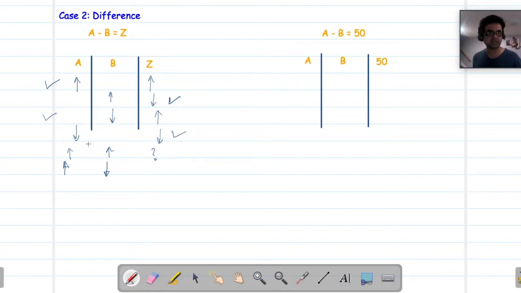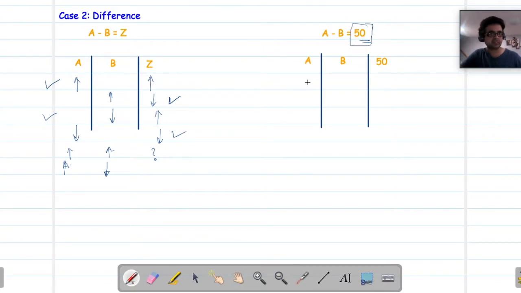And then I would get minimization of z. That will be my strategy if I'm trying to find the maximum of z in this particular scenario. It's slightly different when the quantity is fixed. So now it is given that a minus b is 50. So z is not a variable anymore, it is a constant.